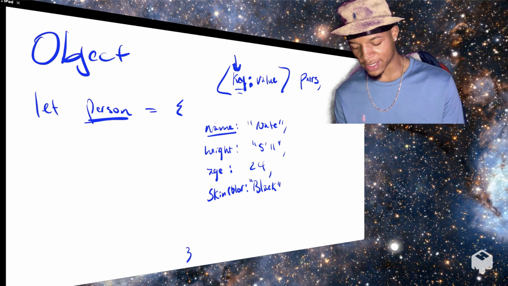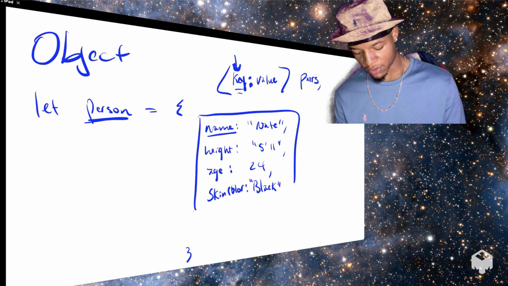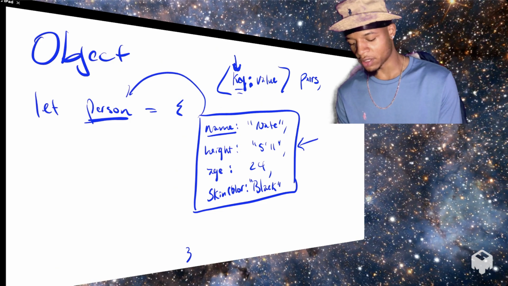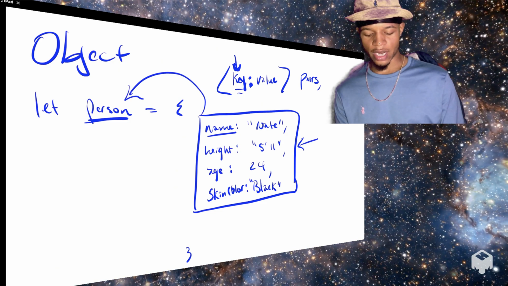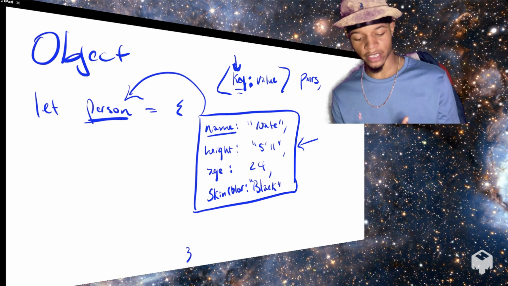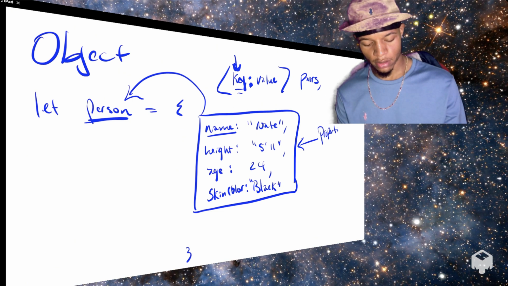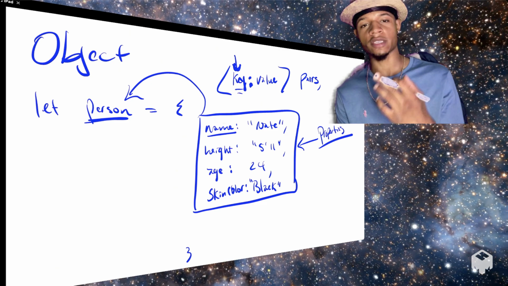And so you start to see that these key value pairs are describing the person. They're describing a person object, right? These are called properties. These key value pairs are called properties.